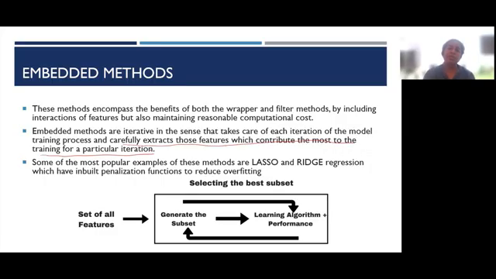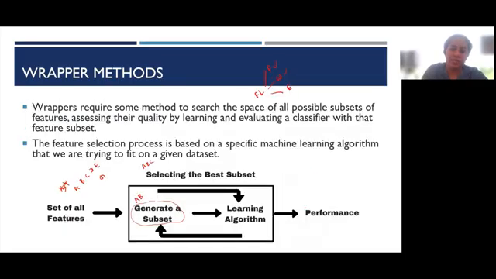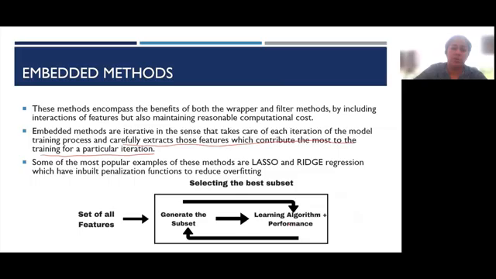So it's doing it itself, right? Earlier, you checked performance outside and ran it again. Here it is inside. Selecting the best subset is done by itself, right?